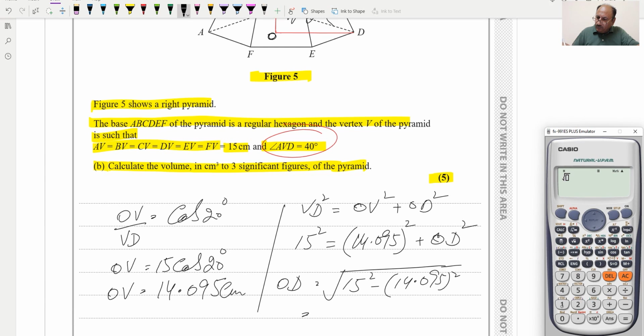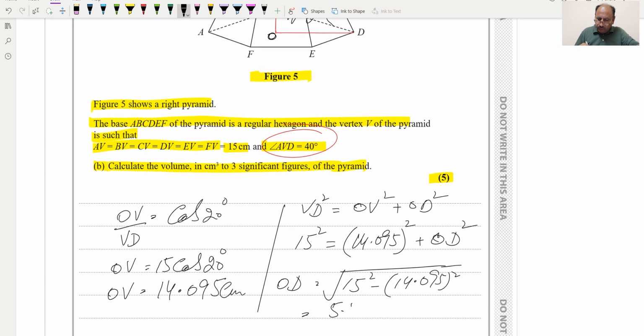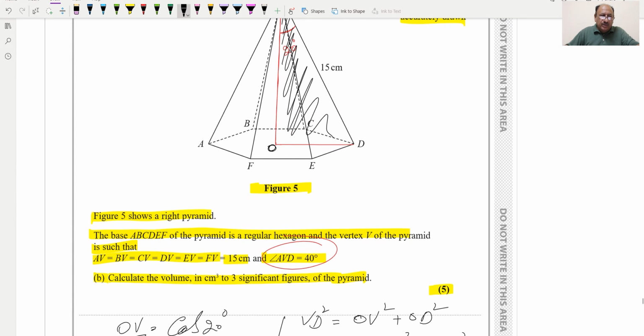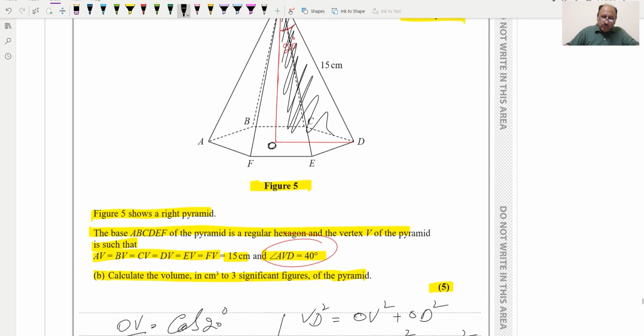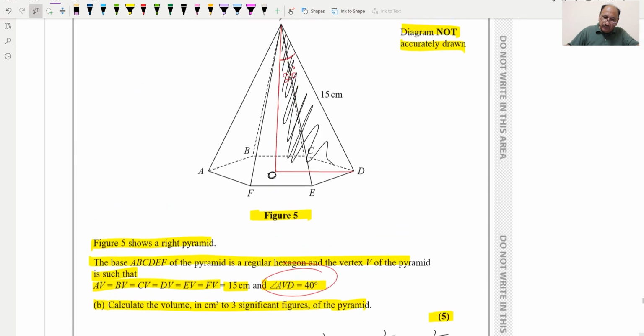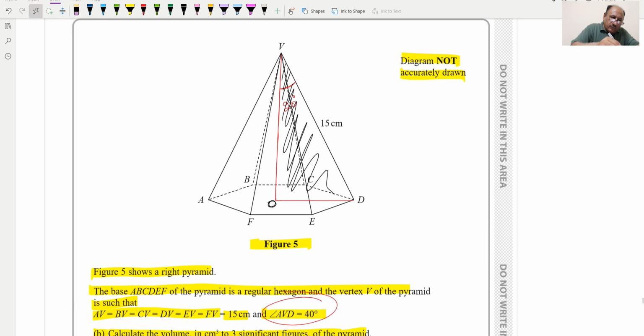So OD is the root of 15 squared minus 14.095 squared, and this is equal to 5.13 centimeters. We got this length. Basically AD will be double of that.